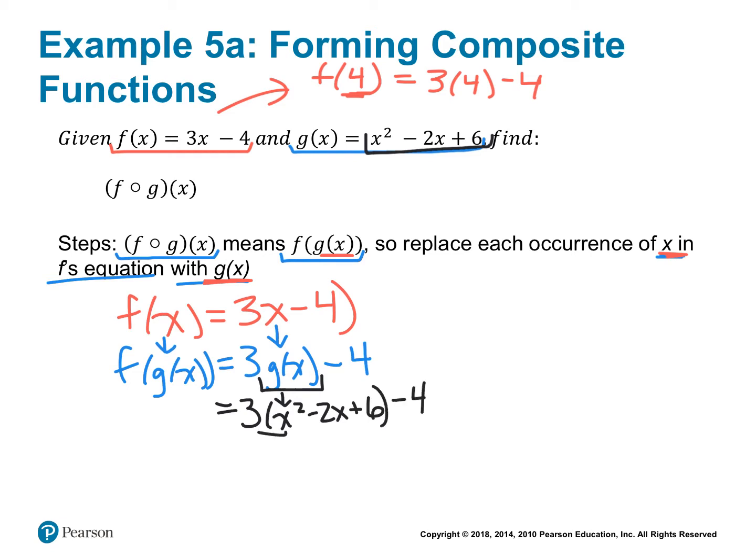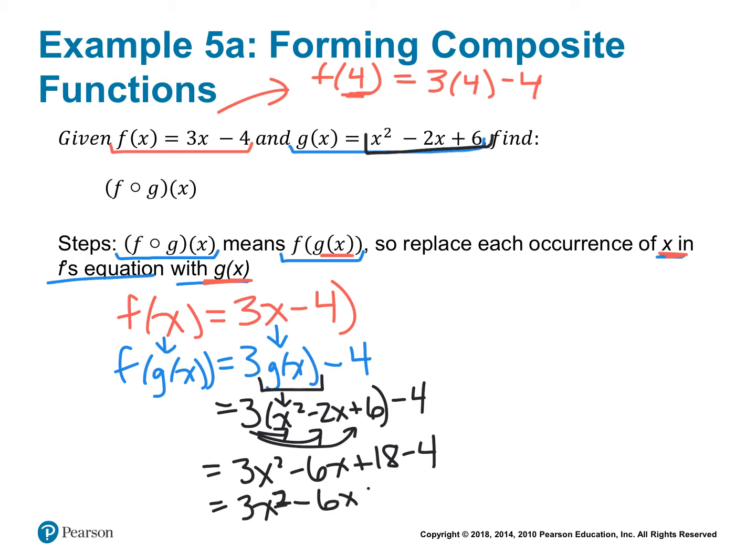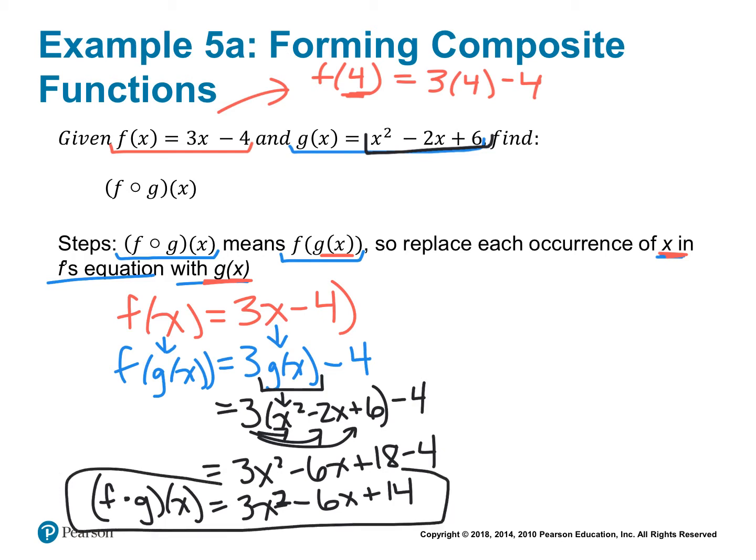So if I distribute, I have 3x squared minus 6x plus 18 minus 4, which reduces down to 3x squared minus 6x plus 14. So that means if I go back to what I was looking for, the composition f of g of x, here would be our final answer.